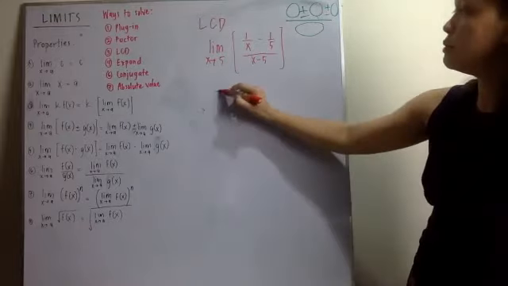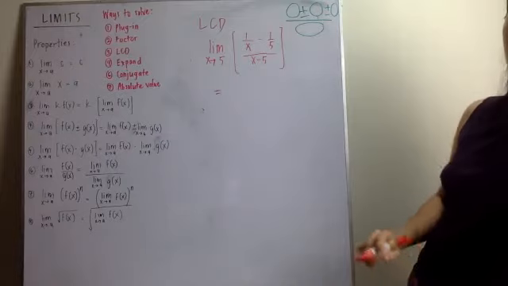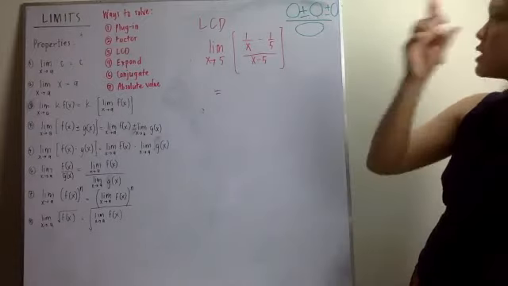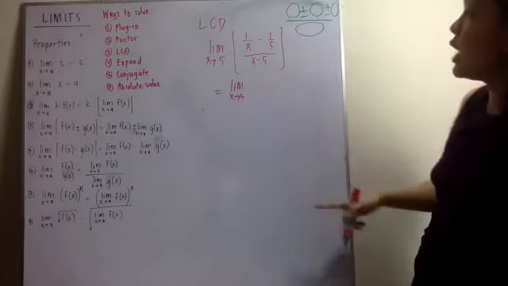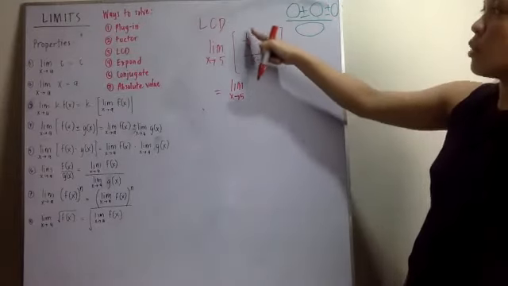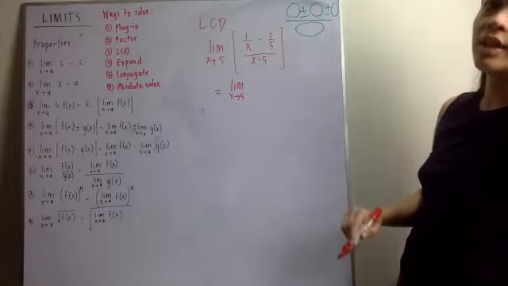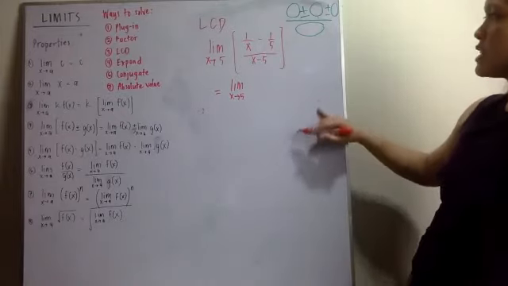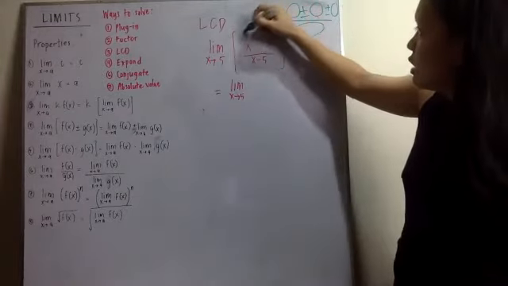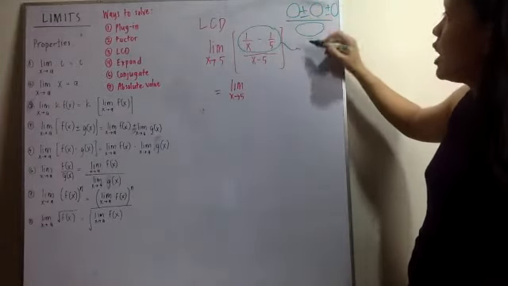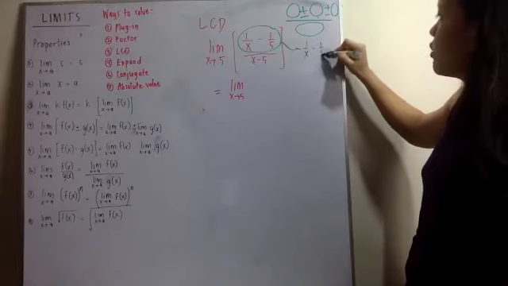So here, anong kukunin ko ng LCD? Itong nasa taas. Limit as x approaches 5. Okay. Anong LCD ng x, ng 1 over x and 1 over 5? That would be 5x. Tama? So itong nasa taas, siya yung kinukunin mo ng LCD. Okay? 1 over x minus 1 over 5.